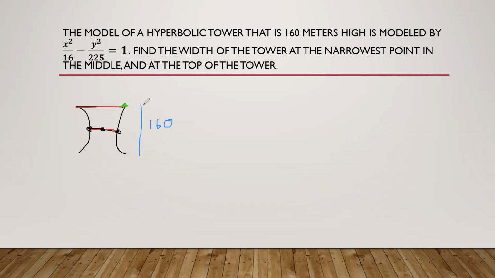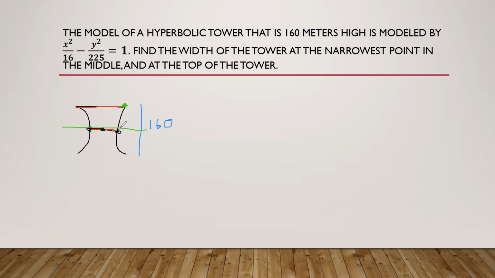It is said that the tower measures 160 meters high. So let's put an imaginary line here in the middle. This will be our transverse axis. So this cuts the tower in halves, and from 160 it becomes 80.